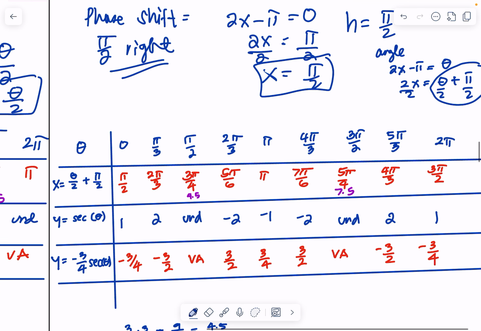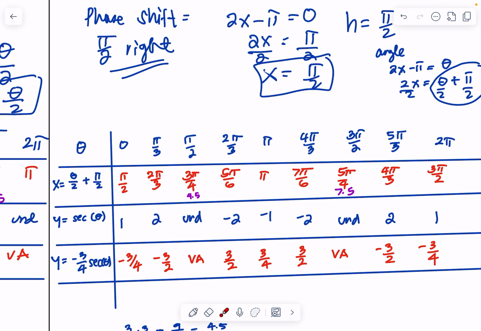So let's take a look. All of these values are coming from the unit circle or the chart. And then I will take that number, divide it by 2, and then add pi over 2. And I will get pi over 2. I'll take this, divide it by 2, and then add pi over 2.